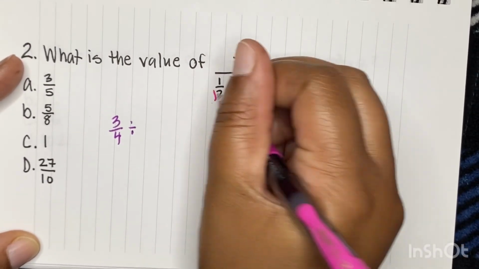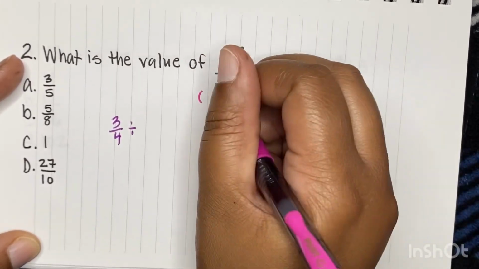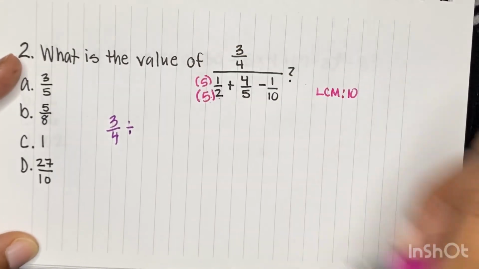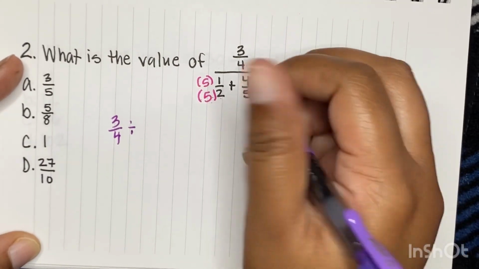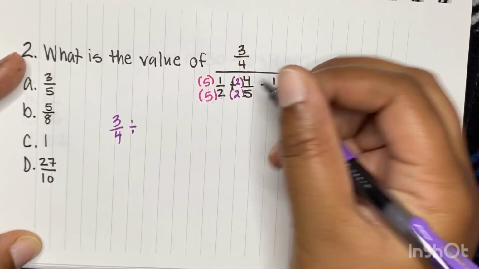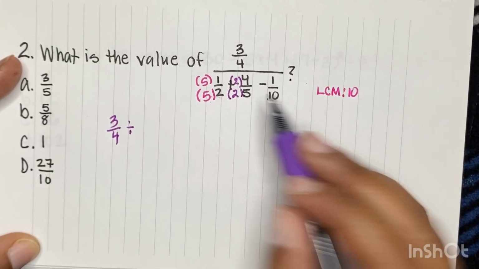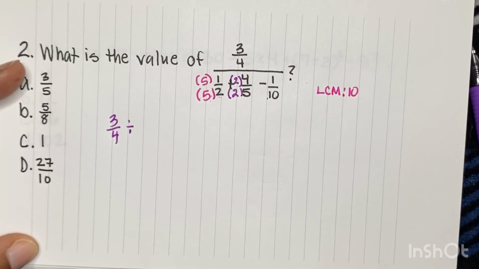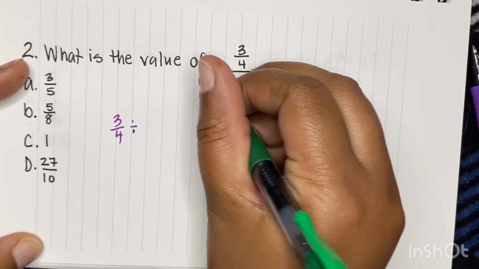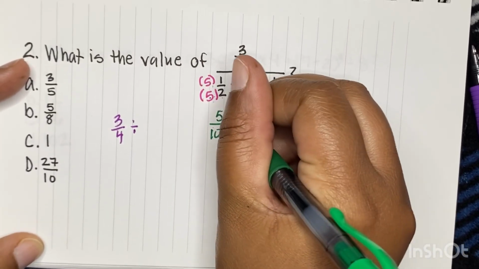So we need to multiply 2 times what gives us 10? Well, 5, and what we do to the bottom, we have to do to the top. Here I have 5 times what will give me 10? 2. So we're gonna multiply 2 and 2. And since this is already 10, we can leave it. So 5 times 1 gets us 5. 5 times 2 gets us 10.